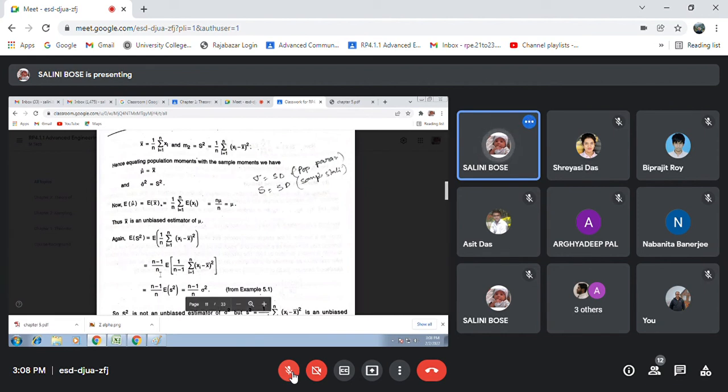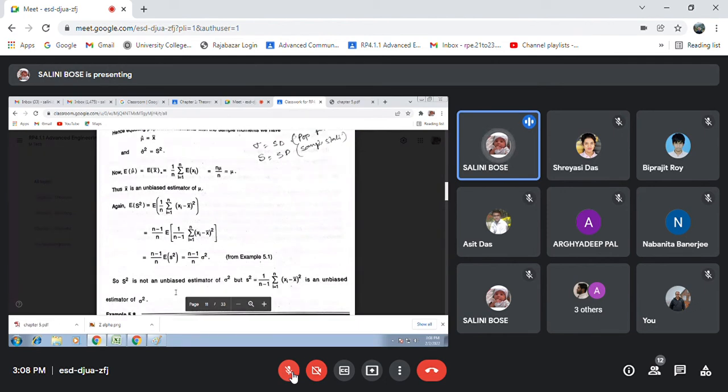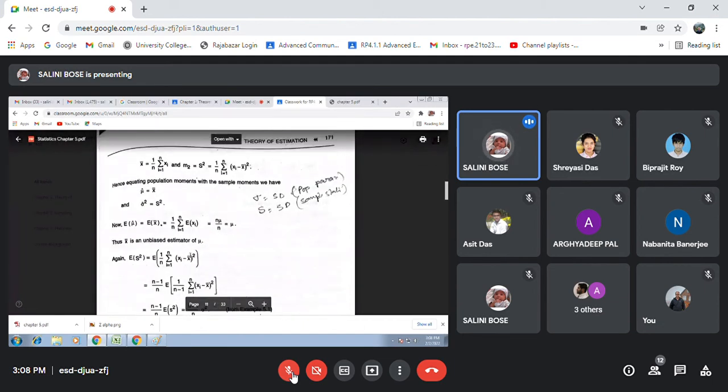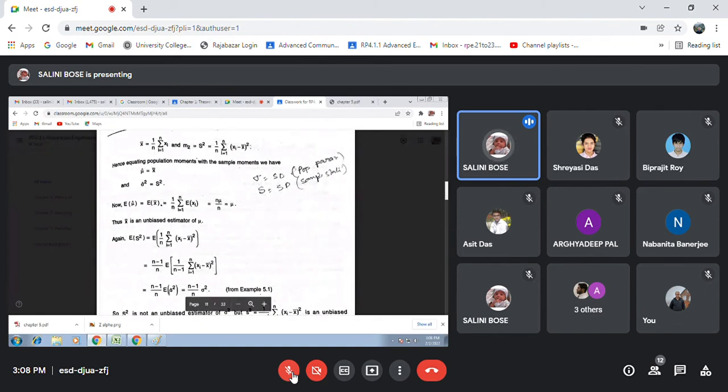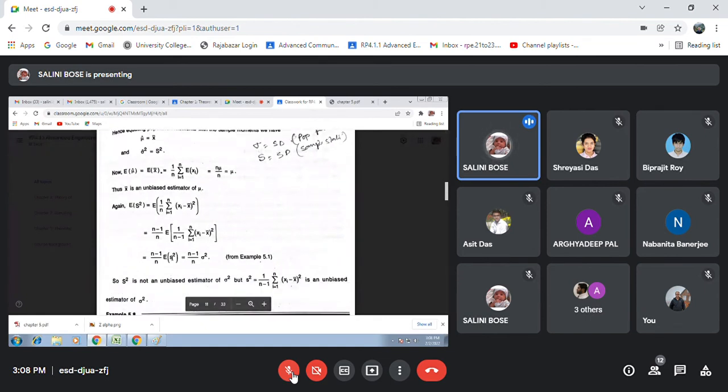We can write n minus 1 by n times E of small s square. E of small s square, you know, is sigma square, because we know that small s square is an unbiased estimator of sigma square. So we can directly write E of small s square equal to sigma square. But for capital S square, the formula becomes E of S square equal to n minus 1 by n sigma square.